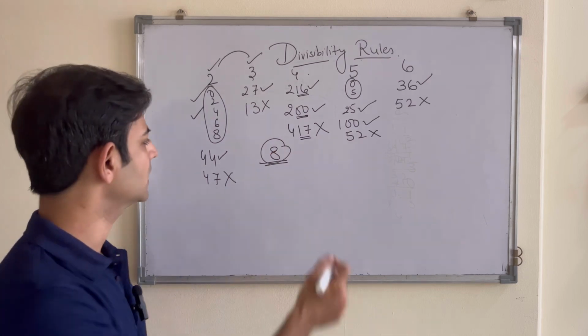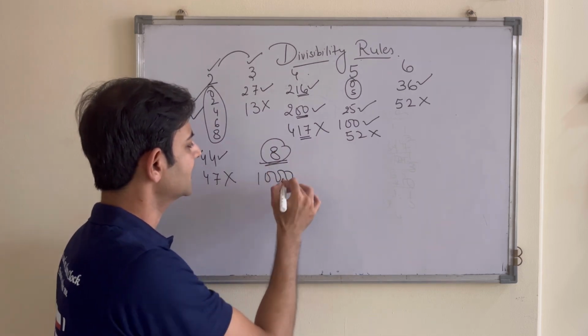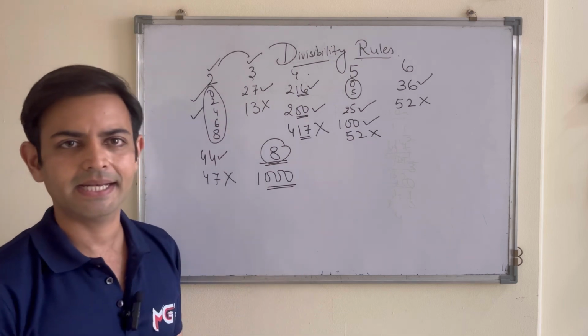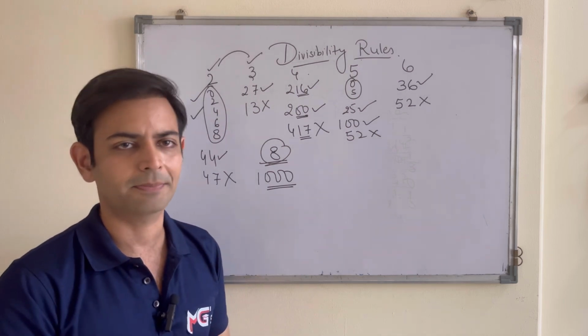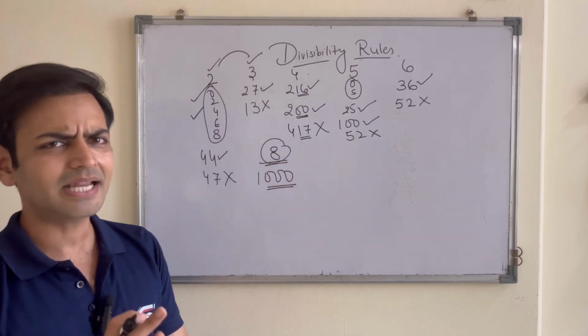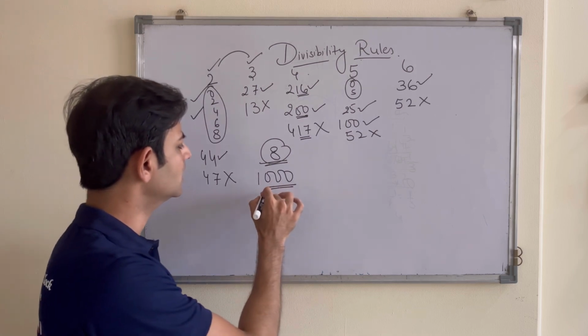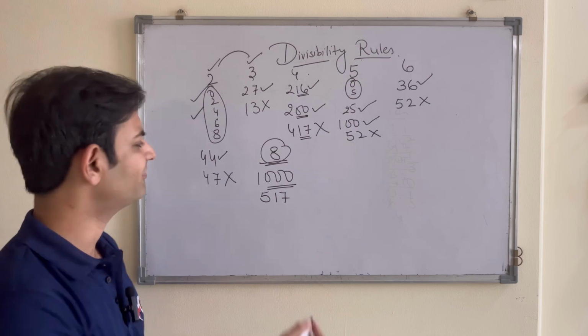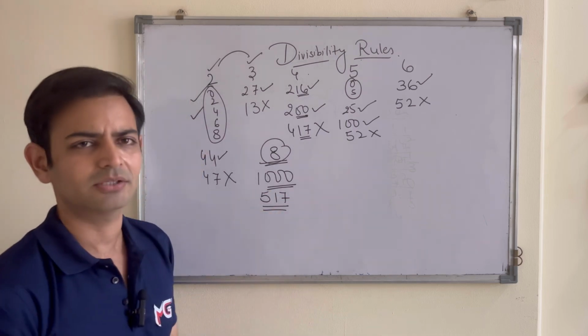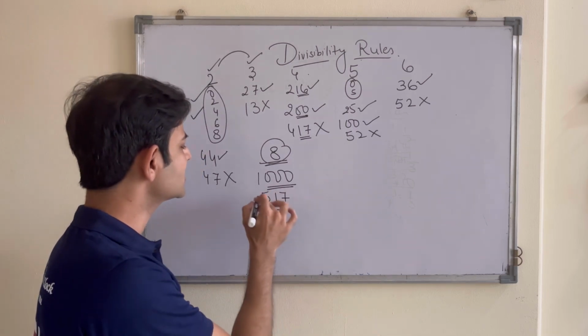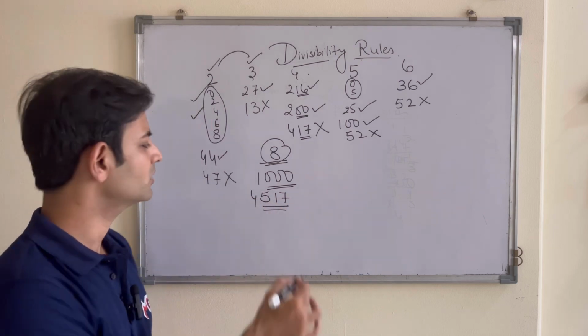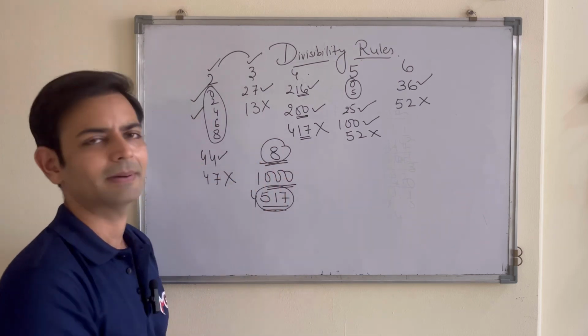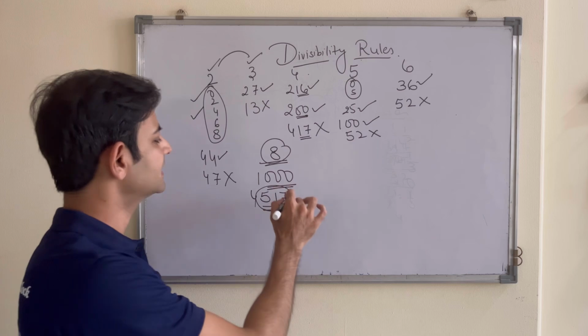For example, 1000 has triple zero in the end, so yes, it is divisible by 8. But if I take a random number, for example 517, definitely 517 will not be divisible by 8. You can check the last 3 digits. If I take 4517 also, since my last 3 digits are not divisible by 8, this will not be divisible by 8.